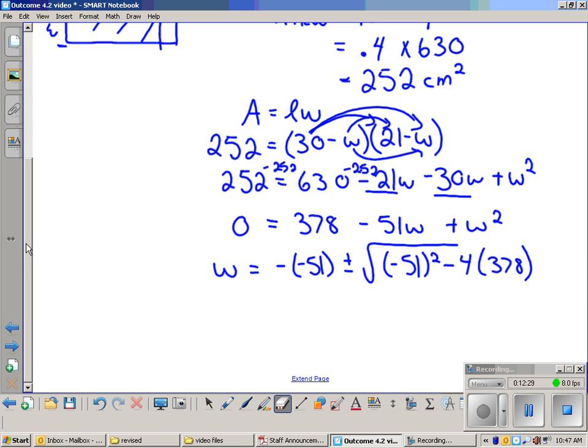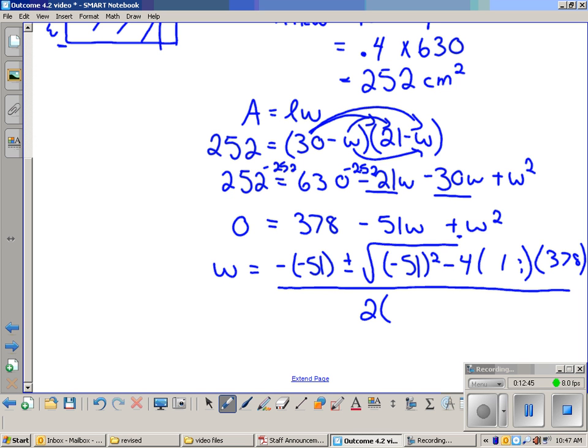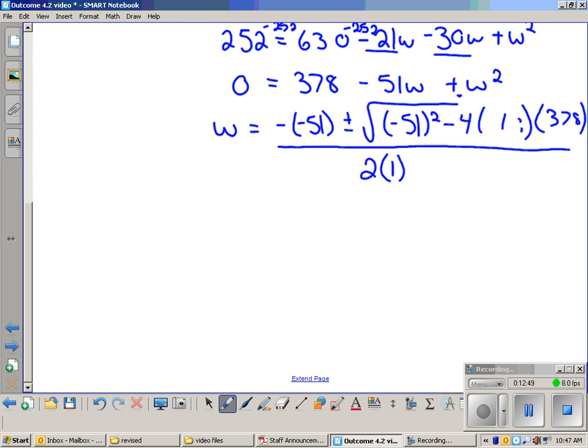I should have rewritten that. The a value is always the number in front of the w squared, so this should be 1, times c, which is 378, all over 2 times a.